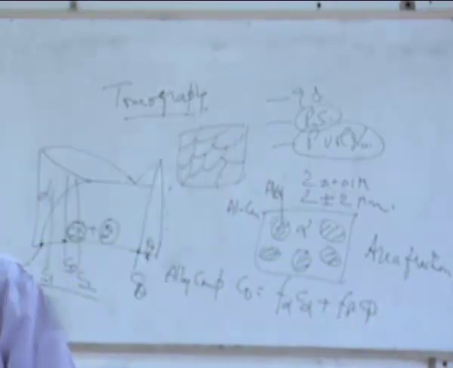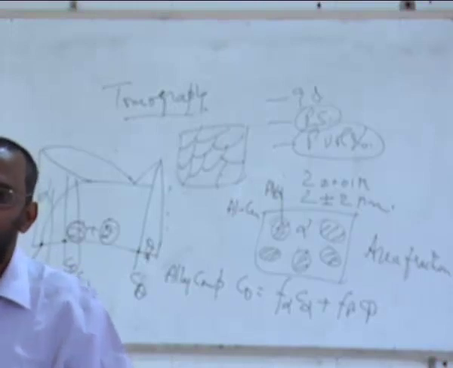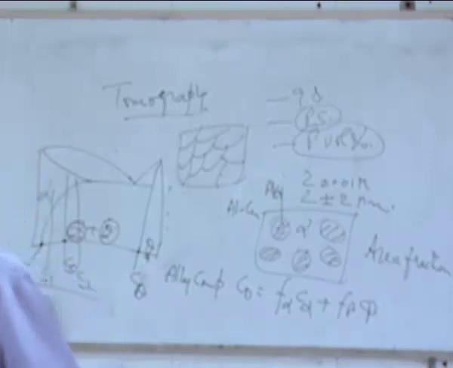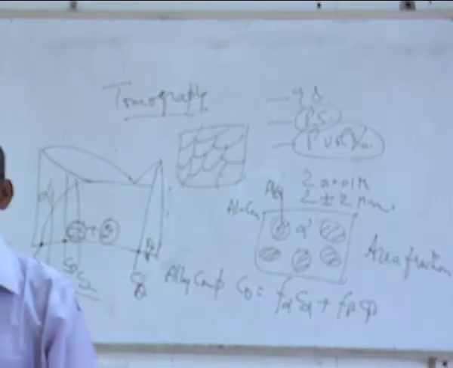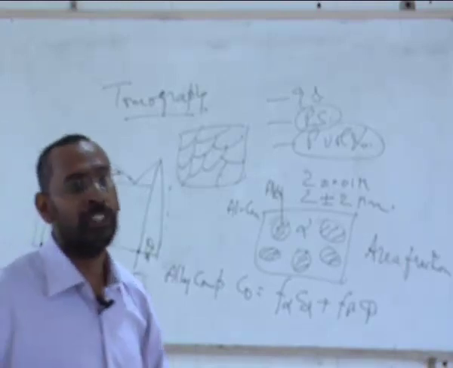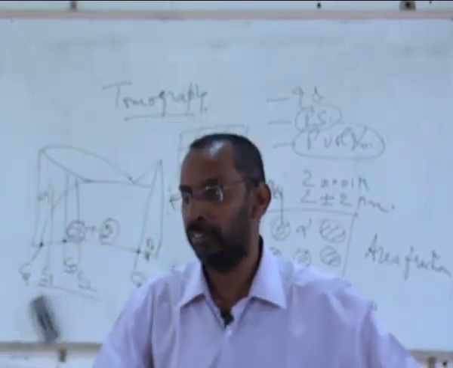There are what are called micro hardness testers, where the indentation is very small. The reason the indentation is very small is because the load that you use is very small. In a normal Vickers hardness tester, you use a 3 kg load or a 1 kg load.